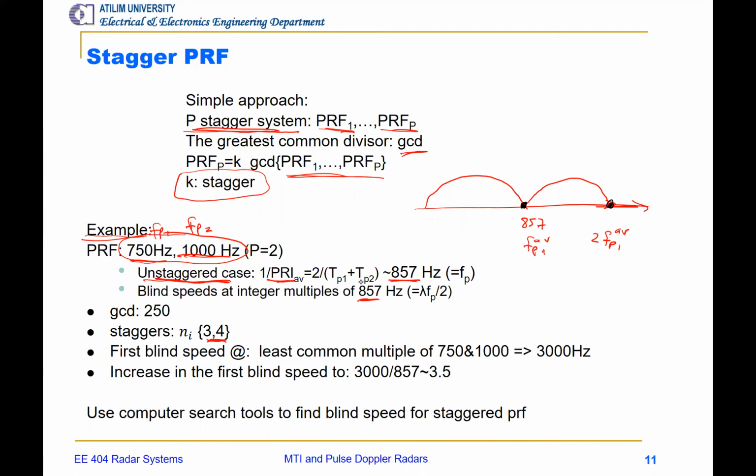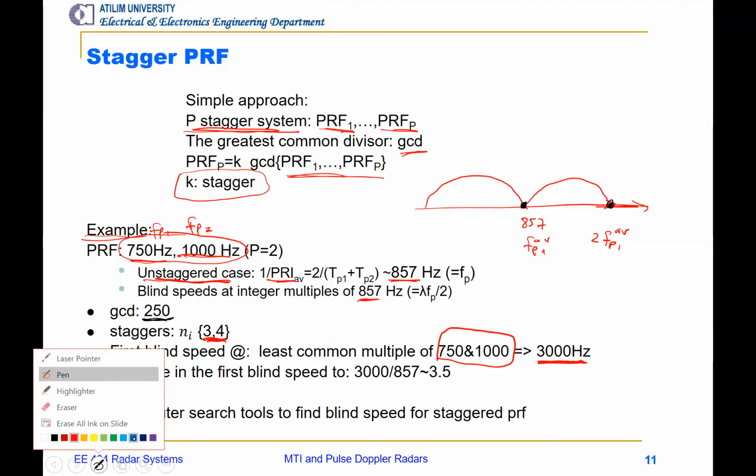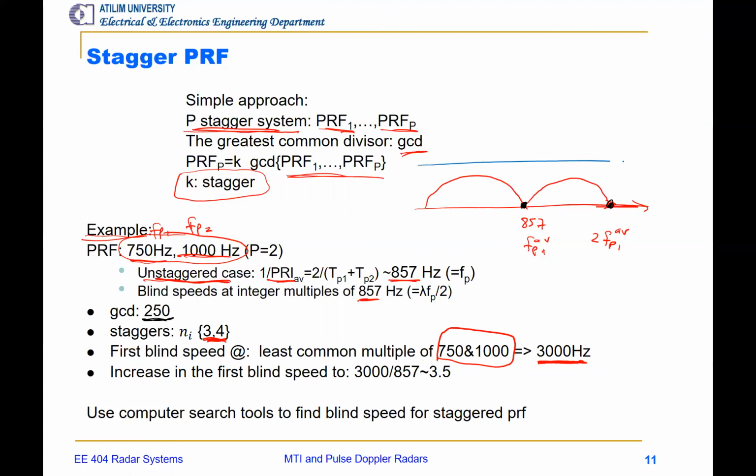If we use two staggers, then the greatest common divisor was 250, and the stagger is going to be 3-4, and the first blind speed will be the least common multiple of these two PRF values, okay, which is 3000 hertz. Which means that your first blind speed goes from 857 up to 3000.